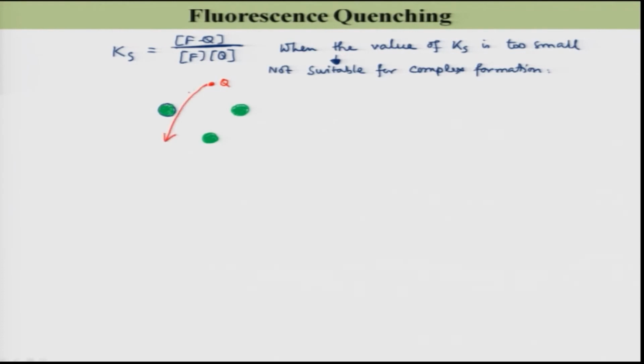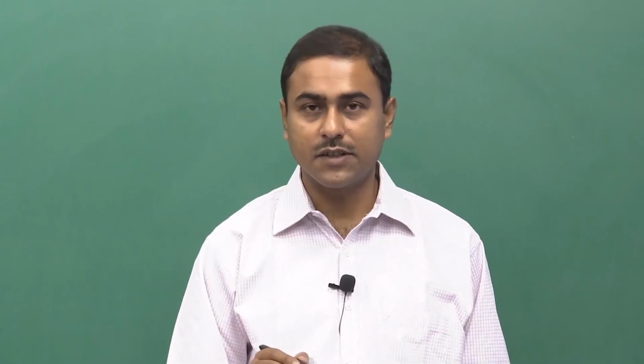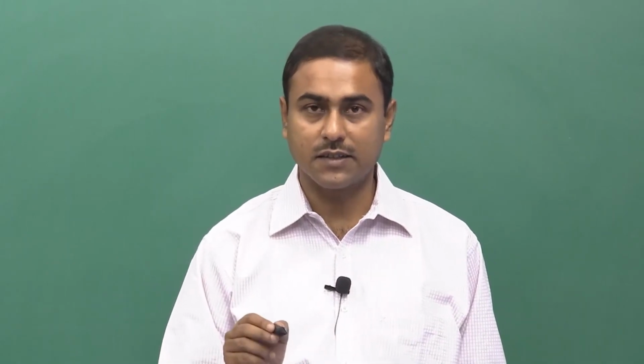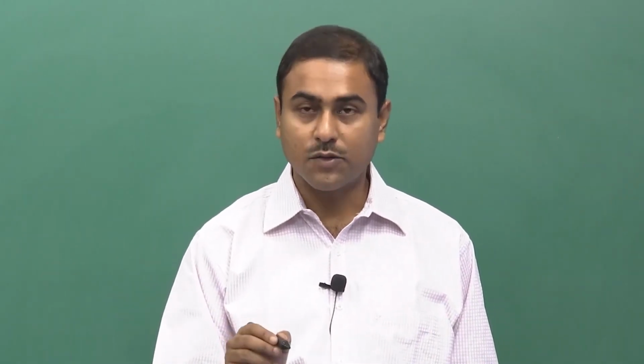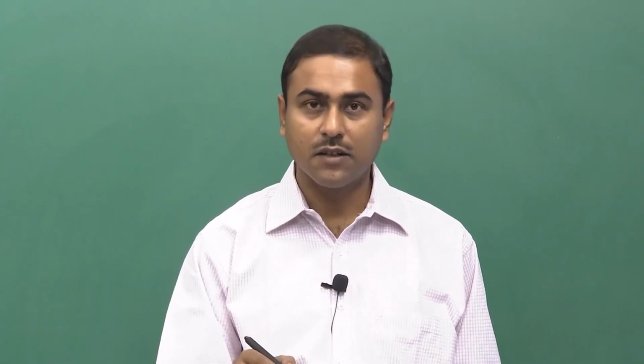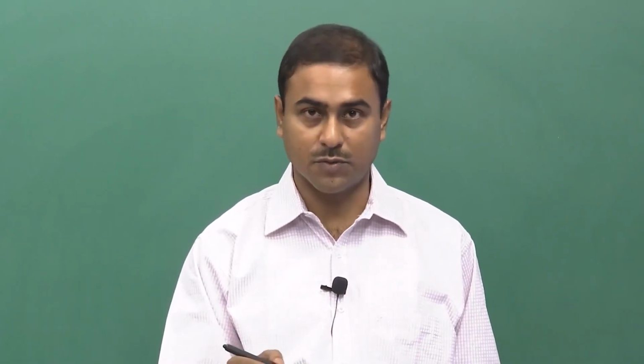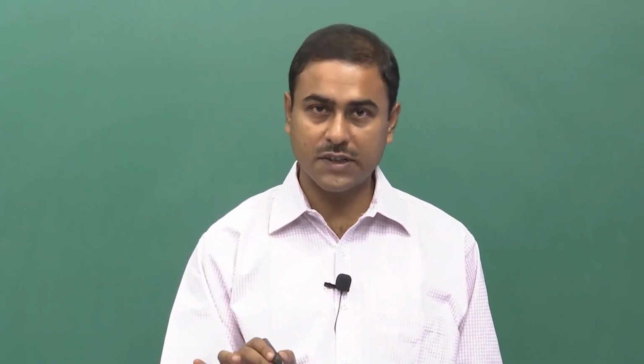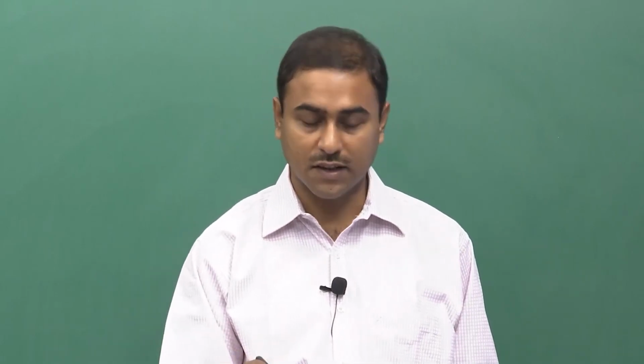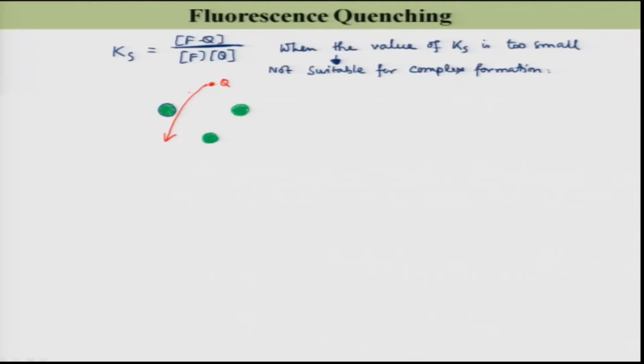However, for a moderate concentration of the quencher, a situation may arise in which the quencher molecule is present very near to the fluorophore molecule. This possibility is always there. So, let me draw such a possibility here. So, here is my quencher, and let us say in this case the quencher molecule is sitting just next to the fluorophore.